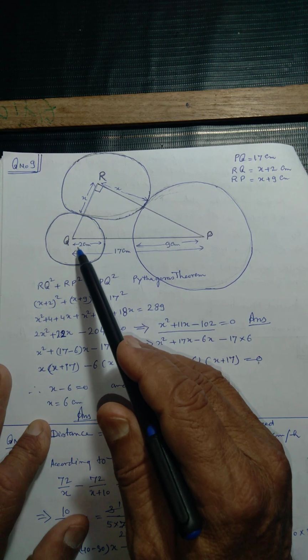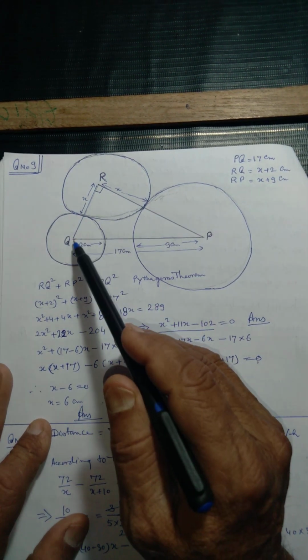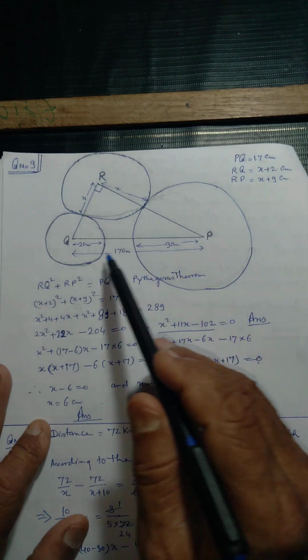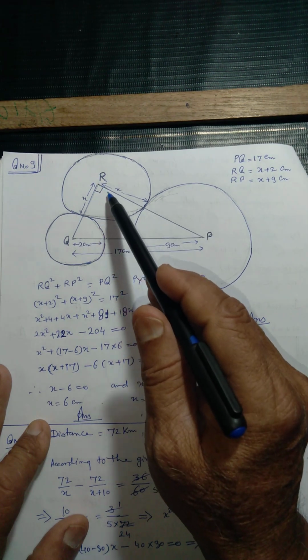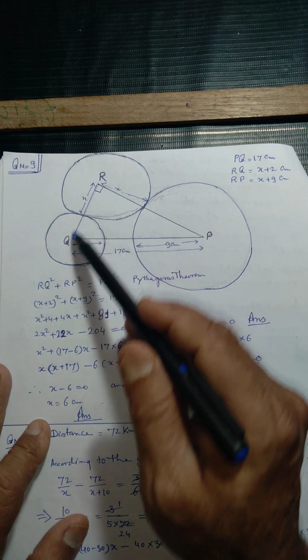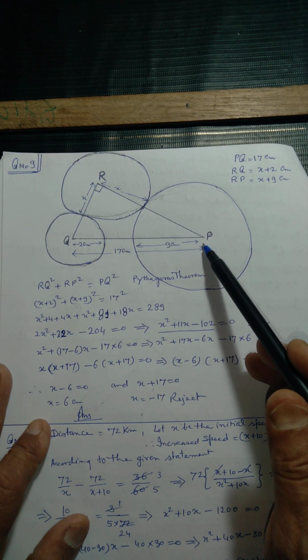So I have drawn the picture, and angle PRQ is equal to 90 degrees. So QP will be the hypotenuse, and these are the legs of the right angle triangle. Means RQ and RP are the legs of the right angle triangle.